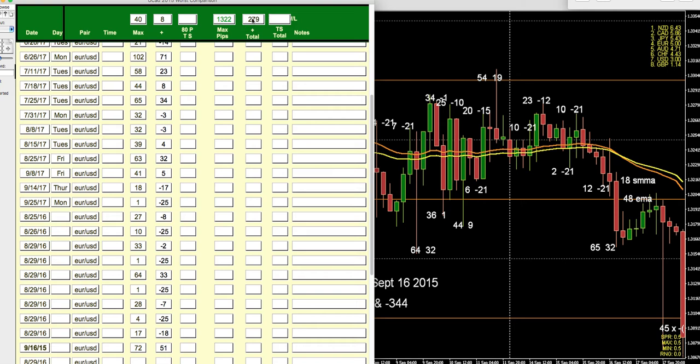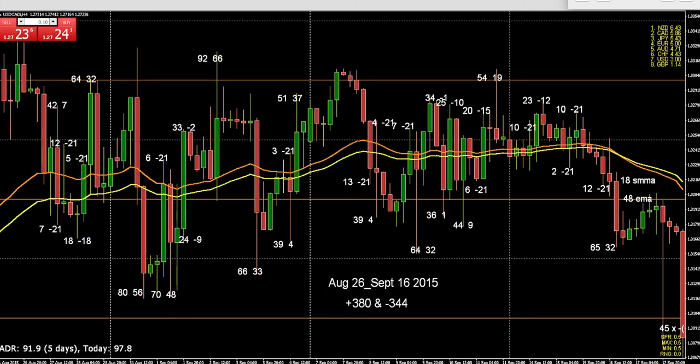Over the same time period, my total wins was 279 as opposed to 36. So in this case, the adaptive Laguerre filter made a huge difference in how this worked out.